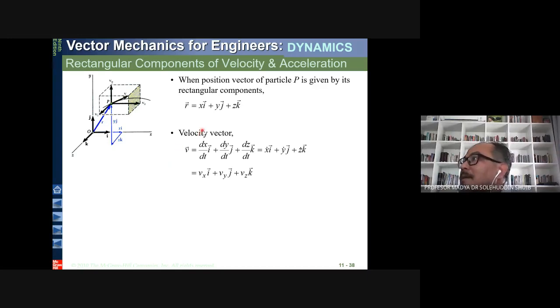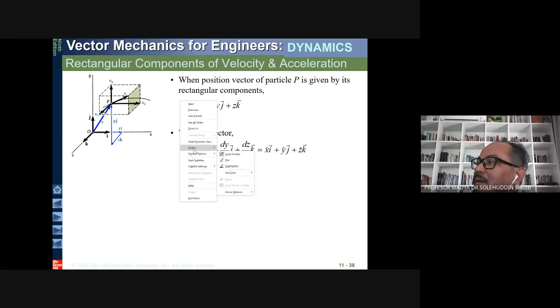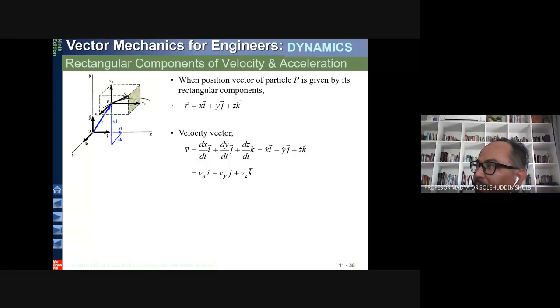And then the second step is we want to find the velocity vector. We start by writing the position vector.